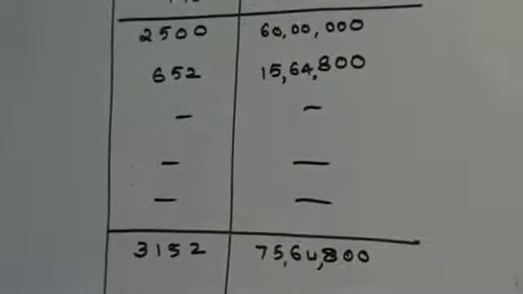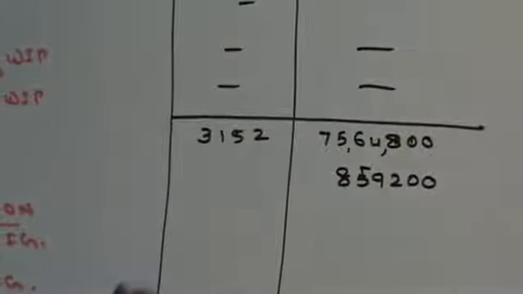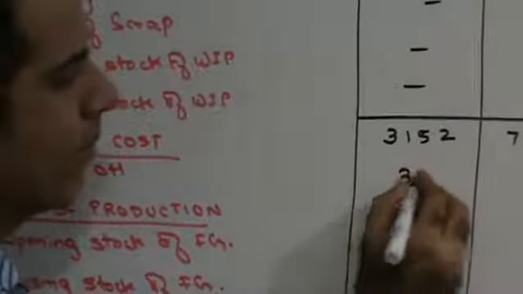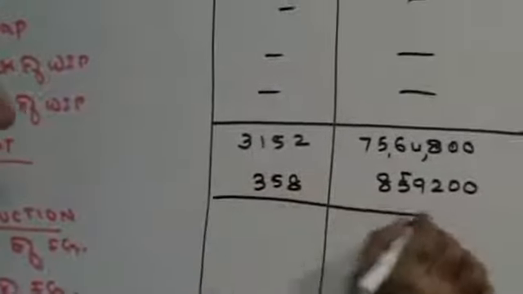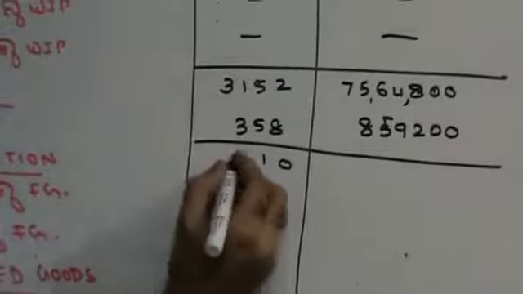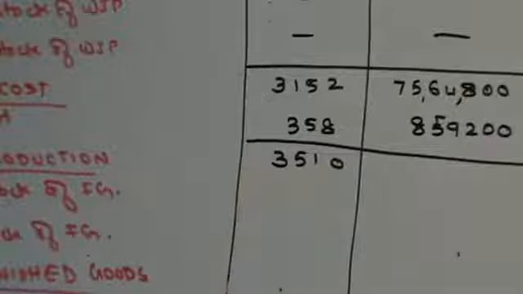Someone add this. 7,64,800. Office overheads we have already calculated in the working note as 8,59,200. Someone please divide this by 2,400. 358. 3,510.